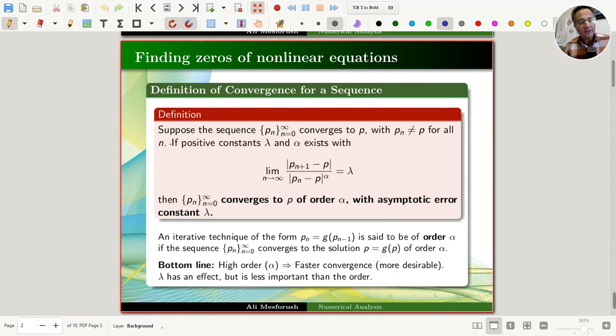Look at this definition. We suppose that the sequence {Pn}, n from 0 to infinity, converges to P, and let Pn be not equal to P for all n.